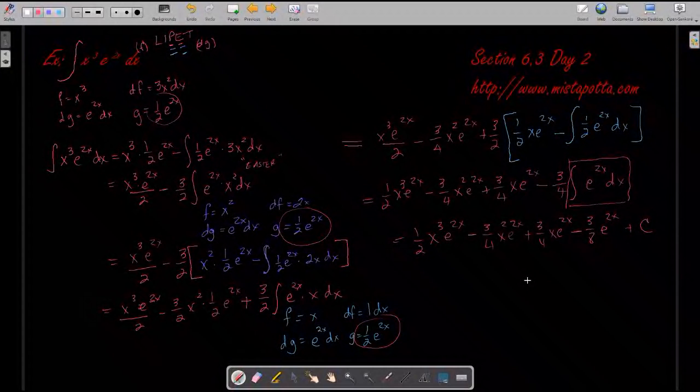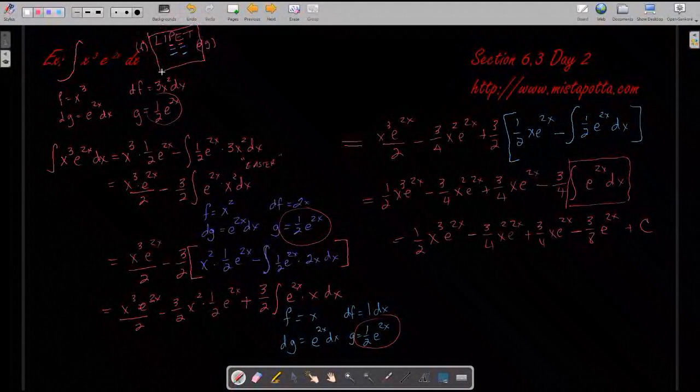And I know that it's tedious, but the process is exactly the same. I had LIPET available to help me determine what my f and my dg was at every step of the process. So I was good with that.